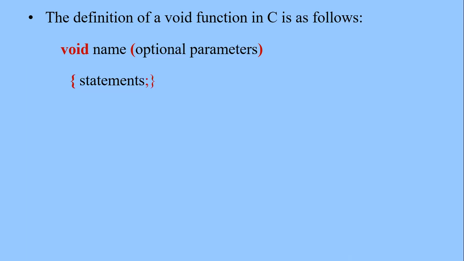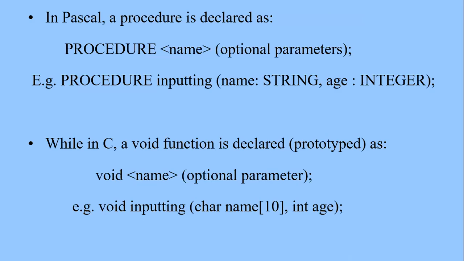So that's how we define. So we declare by having only the header, as we have seen. For example, void inputting, char name 10, then int age. We have the parenthesis and a semicolon.